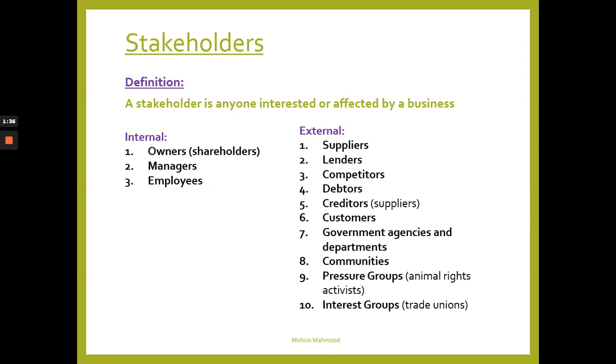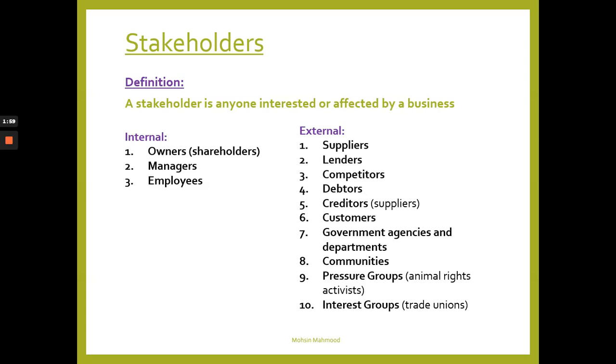We've got external stakeholders. These are your suppliers, so people that supply products, raw materials to the business. We've also got lenders, okay, so people that lend money to the business. Competitors, so any competition that a business might have. So for example, Asda's competition may be Tesco or Sainsbury's.